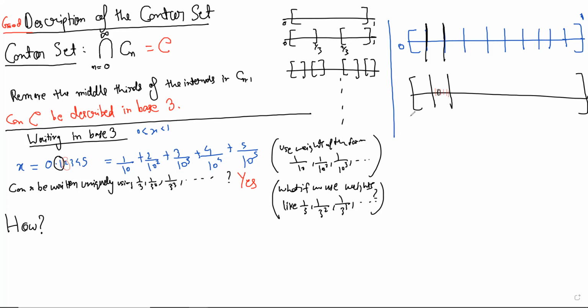You understand, right? This is how it goes, as simple as that. It's 1 by 10 and then 2 by 10, so X is obviously between 1 by 10 and 2 by 10.